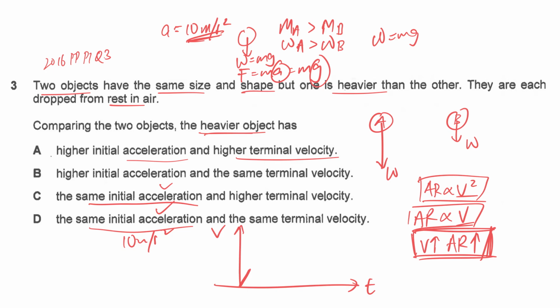Having said that, let's consider a very small speed for both. They have the same speed, so the air resistance will be present. For that small speed with that air resistance, very highly likely for B, the air resistance will equal the weight.